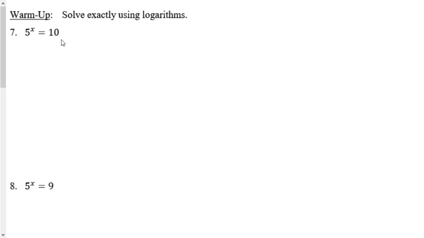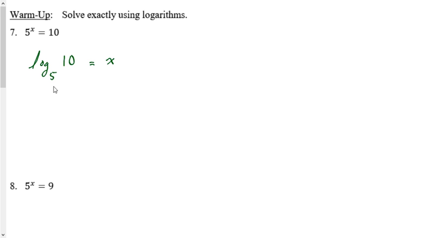So as I look at this in exponential form, I have a power with a base of 5. So that means I can write this as a logarithm with a base of 5. The logarithm is equal to the exponent, and the exponent is an x. And so my 10 is what the logarithm is operating on.